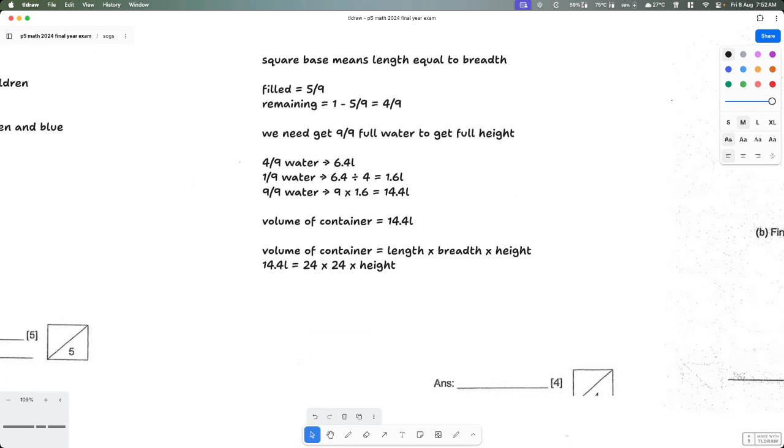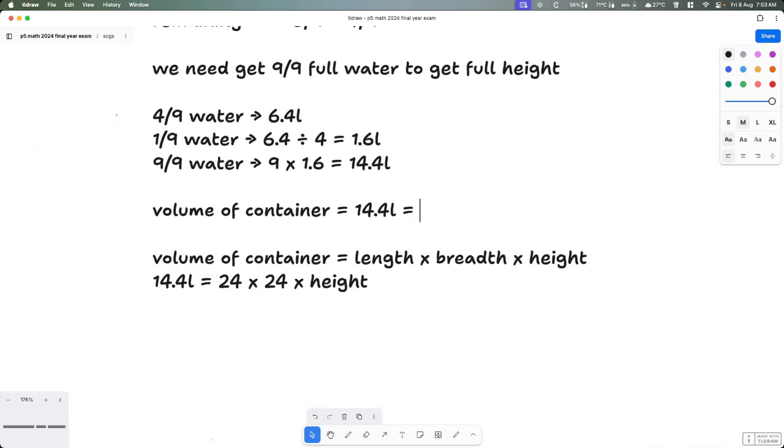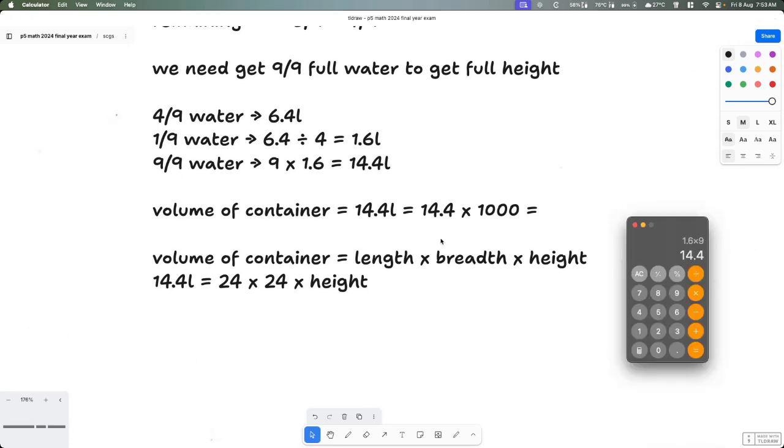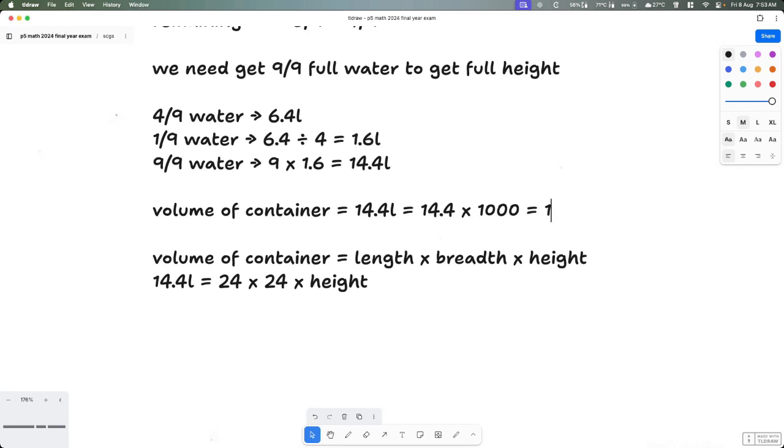Okay, so 24 cm. Let me convert this to centimeter cube. So 14.4 multiplied by 1000 equals 14,400 centimeter cube in this case.